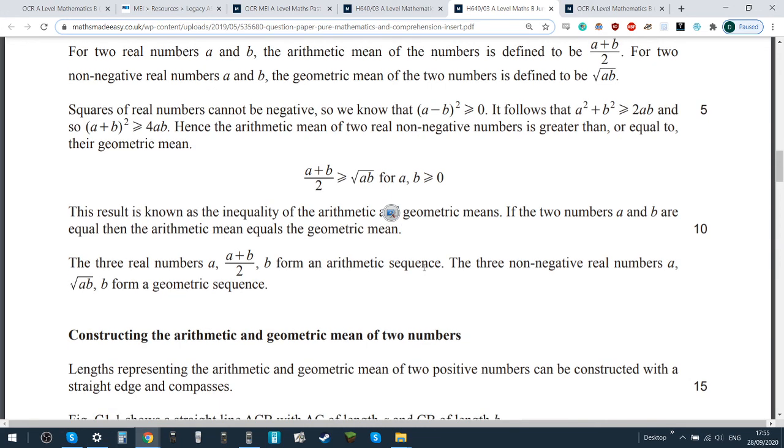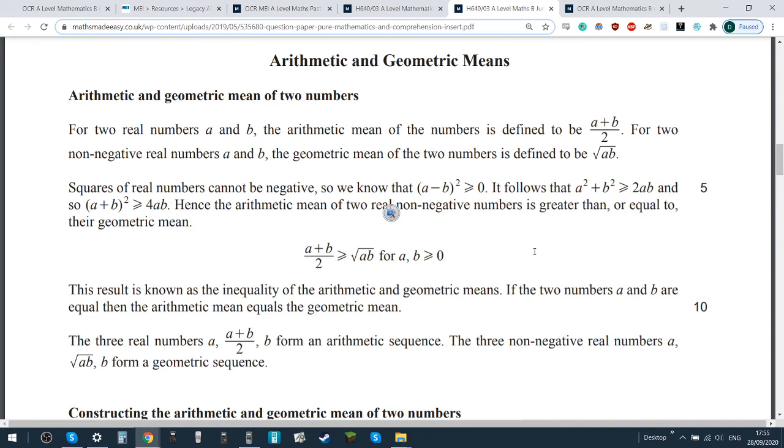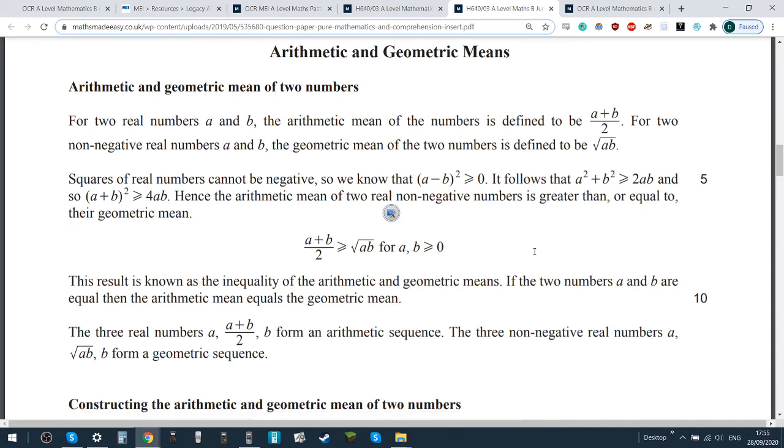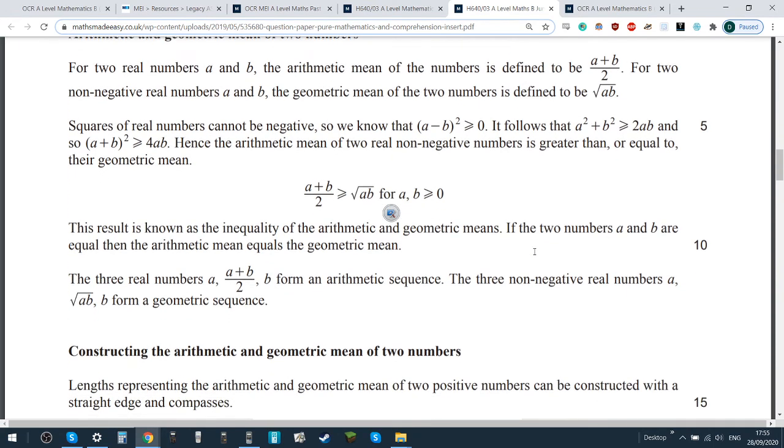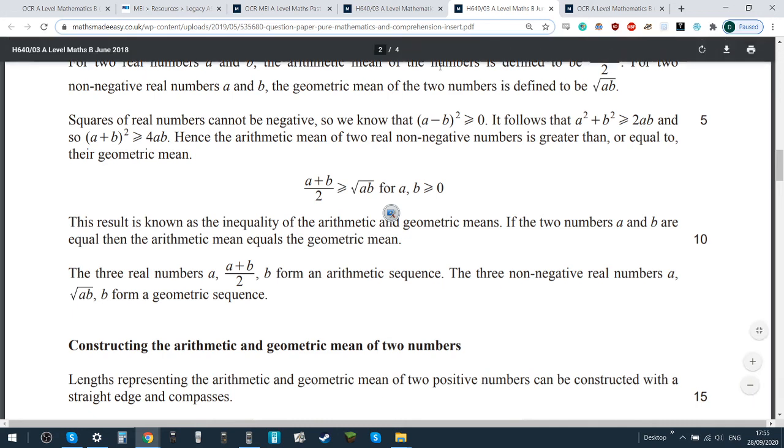Is it because they just added 2ab to each side of the inequality? Which one are you looking at? Line 5, where it's a squared plus b squared is greater than 2ab. Yeah, it's like they brought it to the other side. Because that'll be a squared minus 2ab plus b squared is greater than or equal to 0.